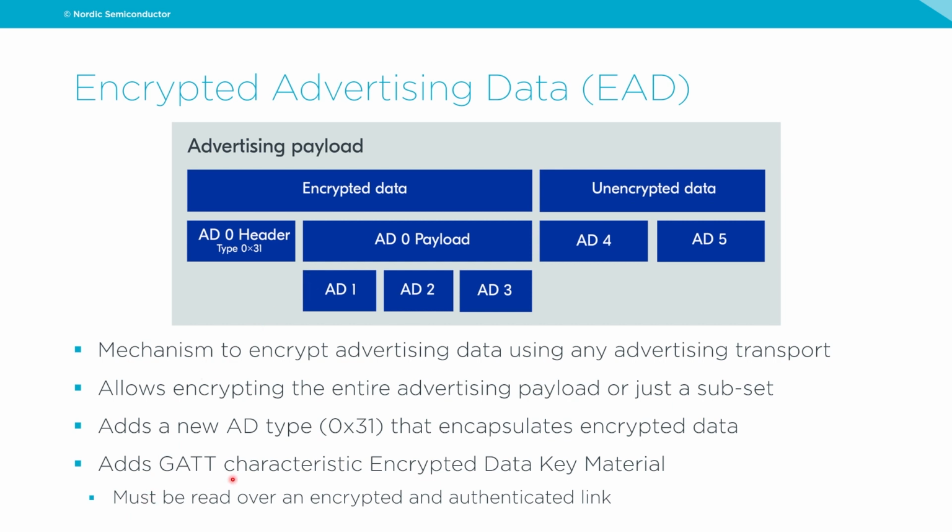Then it also adds a GATT characteristic, Encrypted Data Key Material, to exchange the data that can be used to encrypt the data that goes over the advertising. This new characteristic is mandated to be read over encrypted and authenticated links, so that it's ensured that it's being read securely.